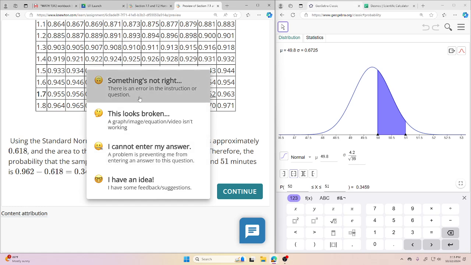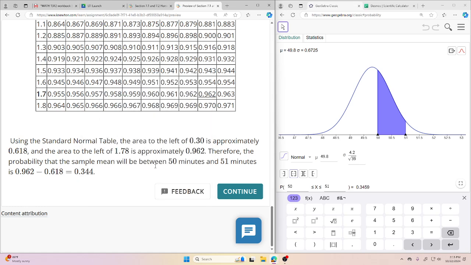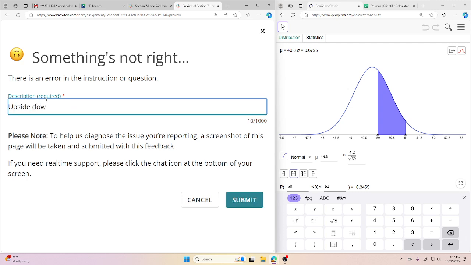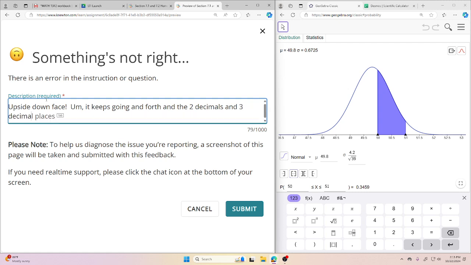Something's not right here. Yeah, it's the upside down face. You're like, what did that say? It keeps going back and forth on the 2 decimals and 3 decimals.